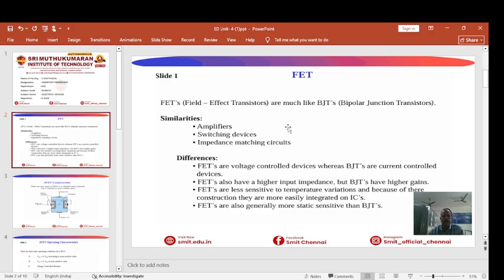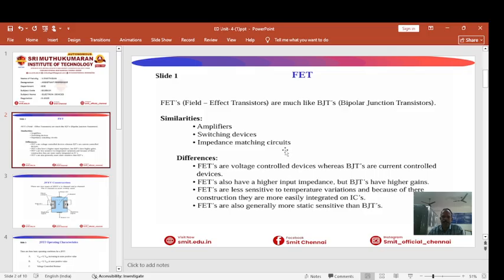The difference between the FET and BJT lies here: the BJT is a current controlled device, whereas FET is a voltage controlled device. FET has a very high input impedance, whereas BJT has a very low input impedance. FETs are less sensitive to temperature variations as well as the radiation environment, whereas BJT is more sensitive to variations.